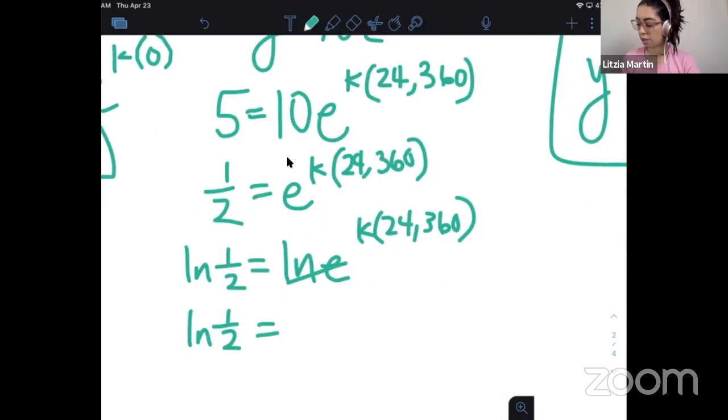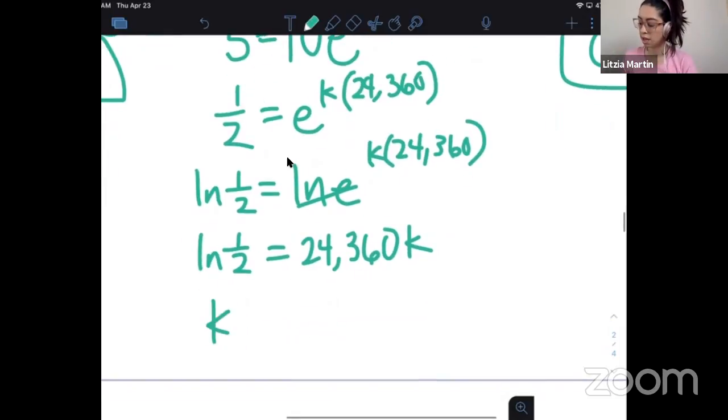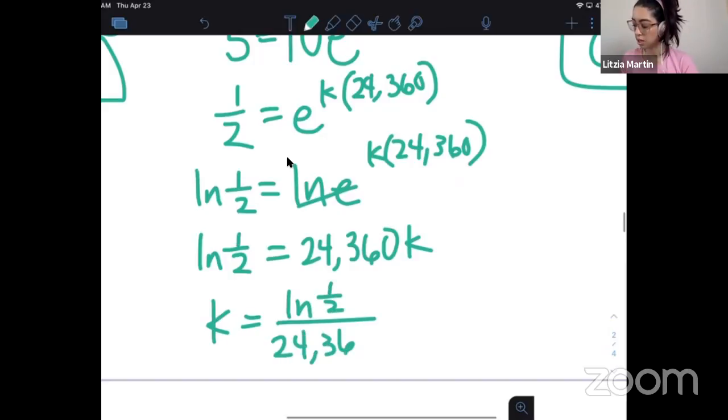And we're left with 24,360 times k. Divide by the 24,360. k is equal to ln of 1/2 divided by 24,360.